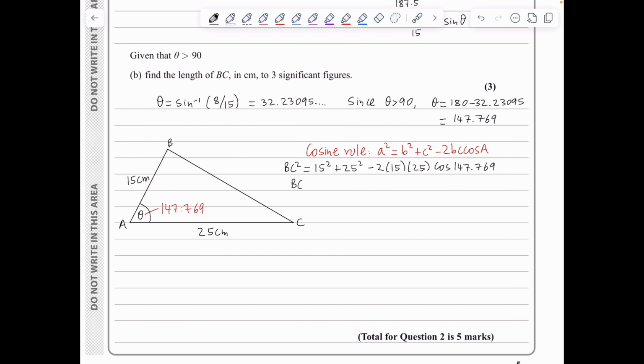If we plug in everything on the calculator, we get 1,484.42887. And if we simply take the square root of this, we get 38.5 centimeters for the length of BC.